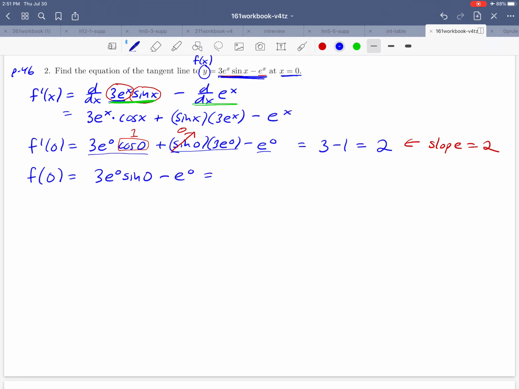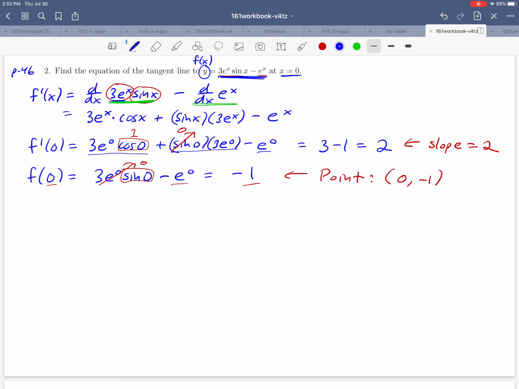If you do the arithmetic, there's that sine of 0 again. That whole first term is going to go to 0, and we're just going to get minus e to the 0, which is minus 1. And so a point on the line is 0 and negative 1. That's just the x and the y value that we calculated there.